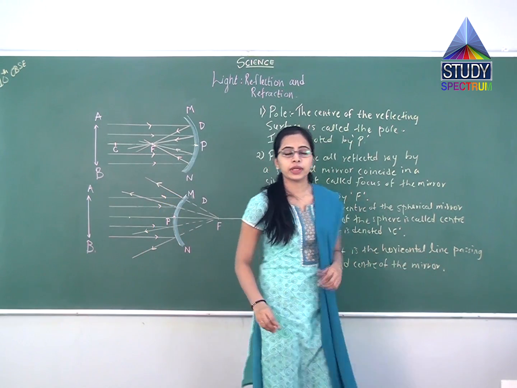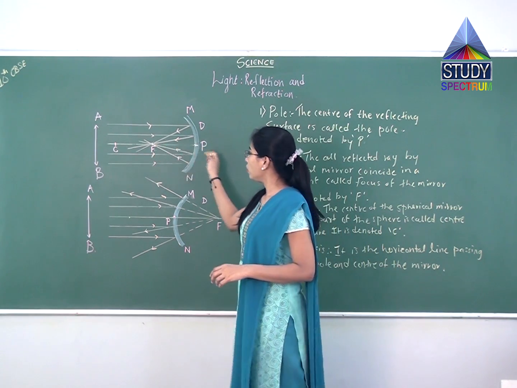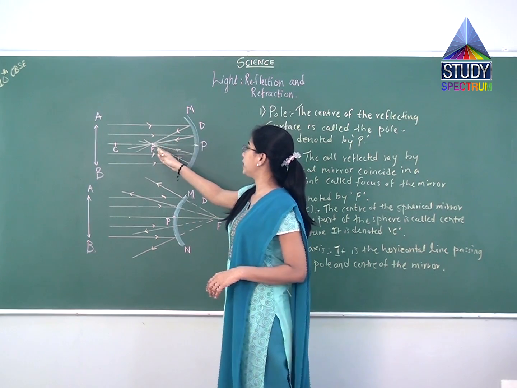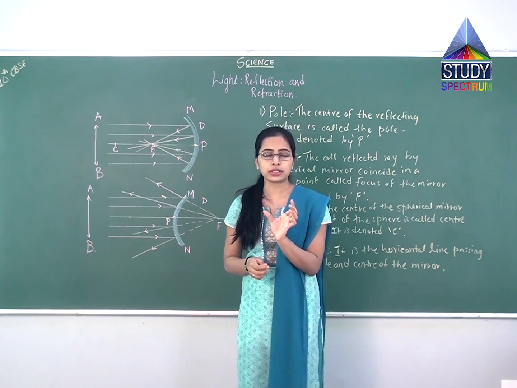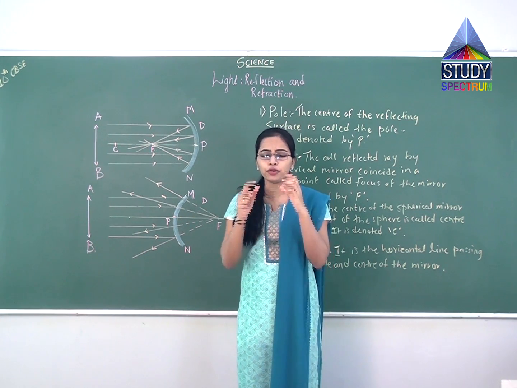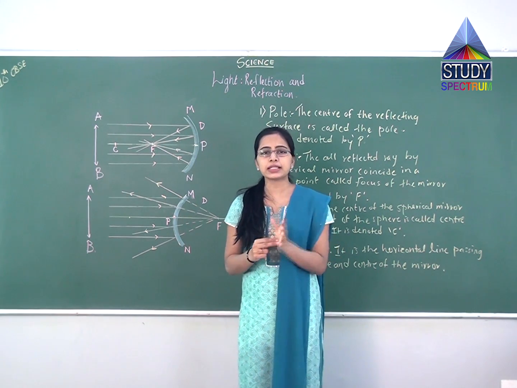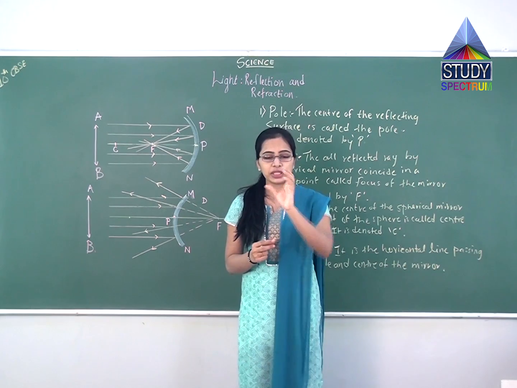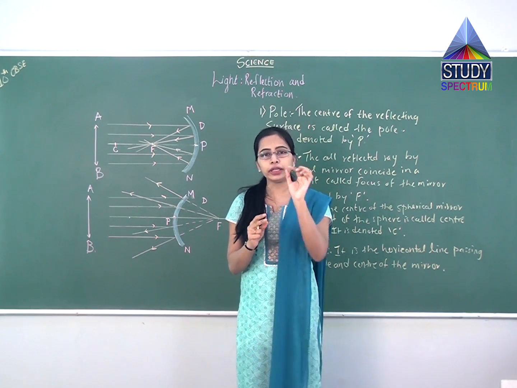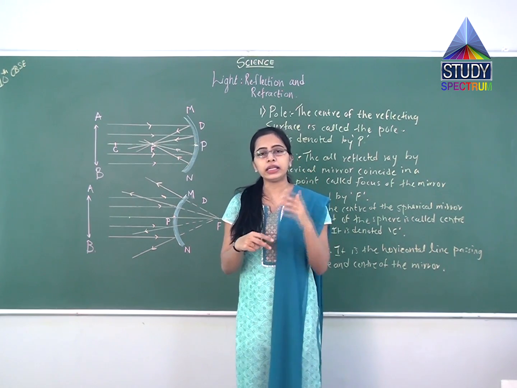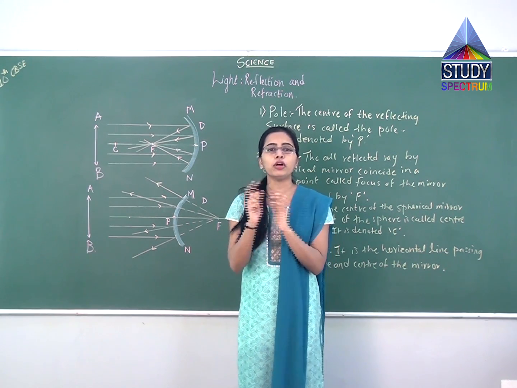And lastly, it is very important here, you can see we have one distance here between point F and P. For every spherical mirror, you will have this distance, and you will observe that for every spherical mirror, whether it is concave or convex, this distance will be fixed. It means if you are taking one mirror and you are trying to find out its focus again and again, even if you change the object, your focus will not change.